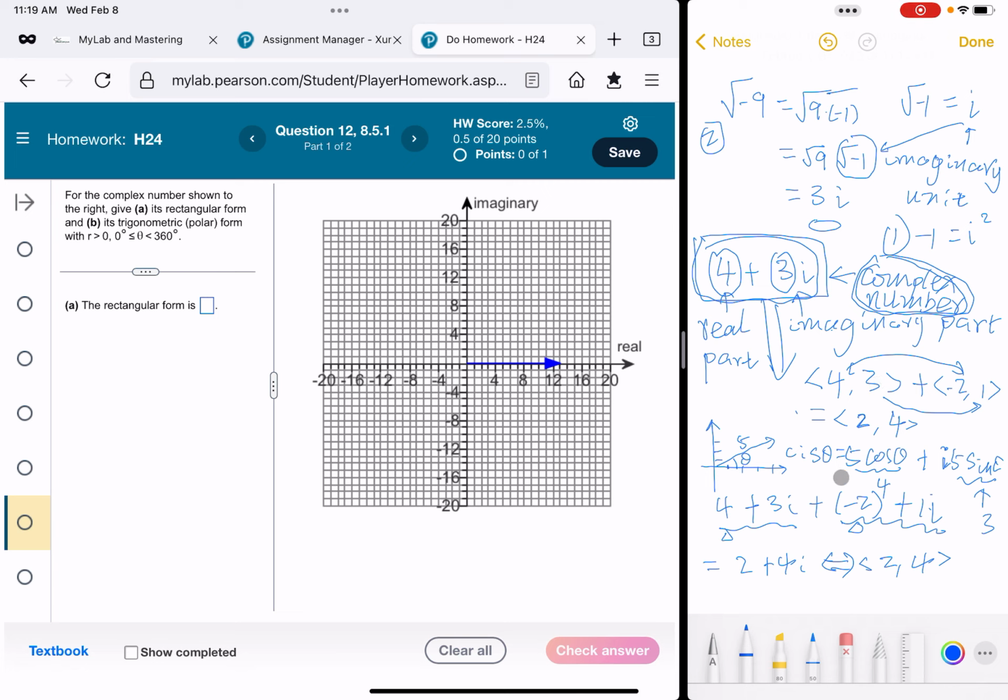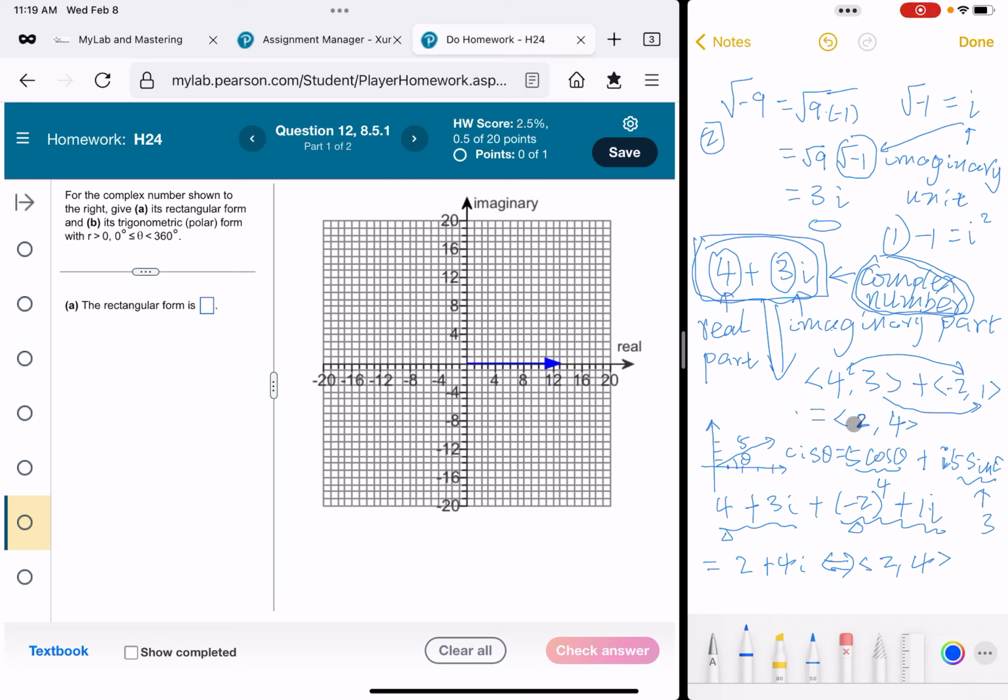So when you add those two vectors, it looks pretty much like vector 4, 3 plus vector negative 2, 1. So negative 2 plus 4 is 2. 3 plus 1 is 4. So then we have made a good connection. Addition and subtraction will follow the same pattern.